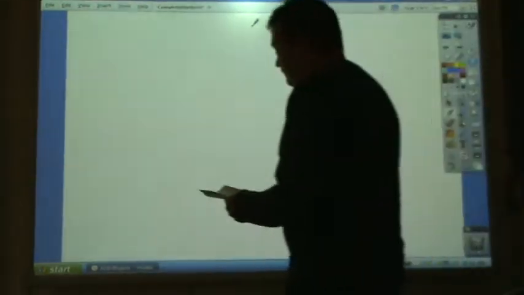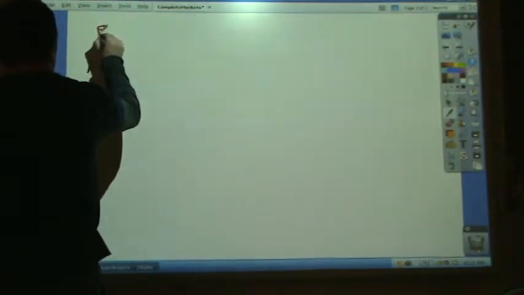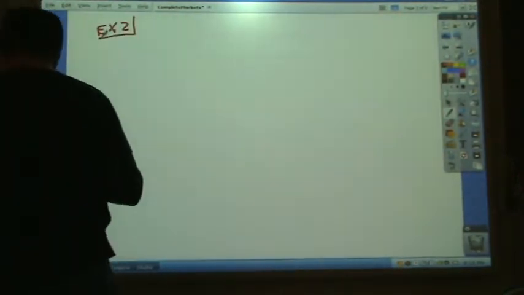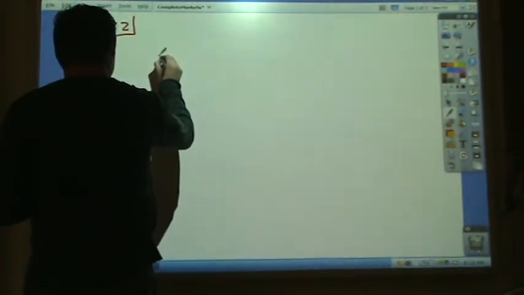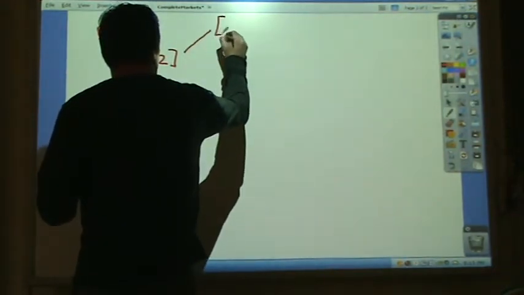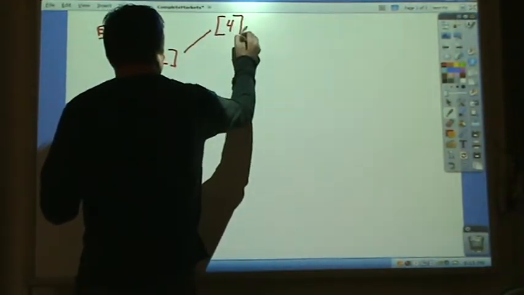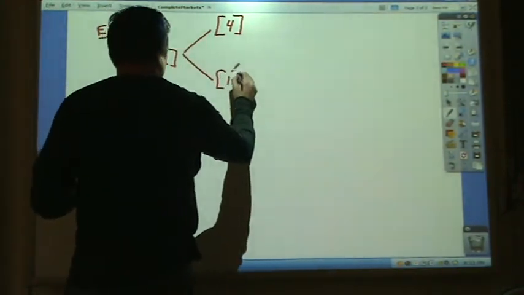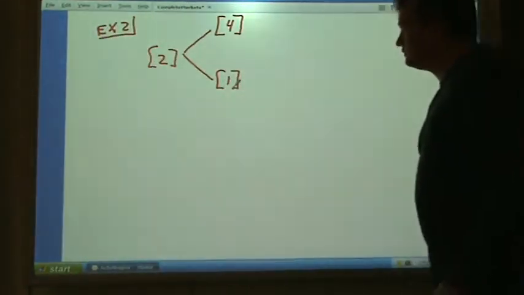Now suppose we have another example. Example 2. We have a security that's currently selling for $2, and it may, if the market goes up, go to $4, and it may, if the market goes down, drop to $1. So this isn't like a real world security.